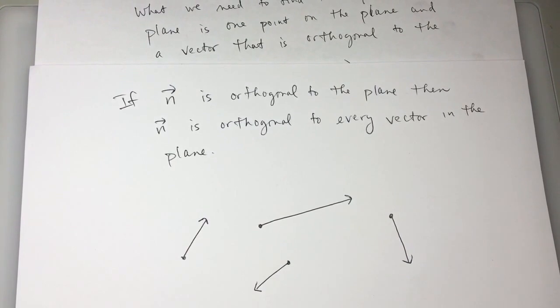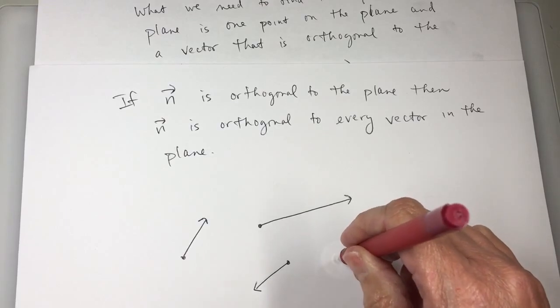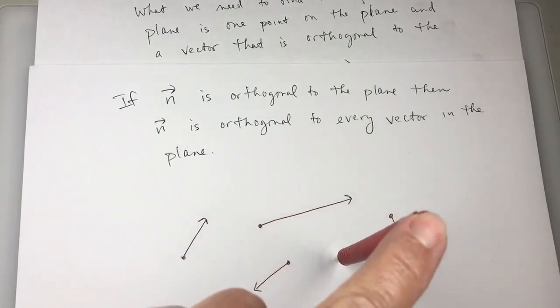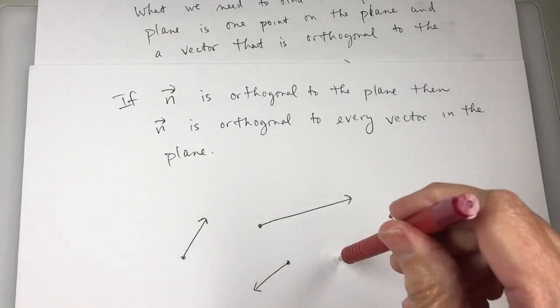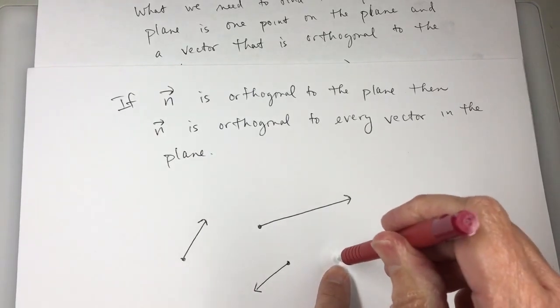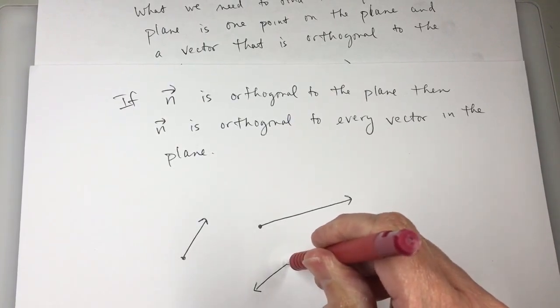So my paper is my plane, and if I have a vector that is orthogonal to the plane, it's going to hit the plane at a right angle. And that vector would form a right angle with every vector in the plane.